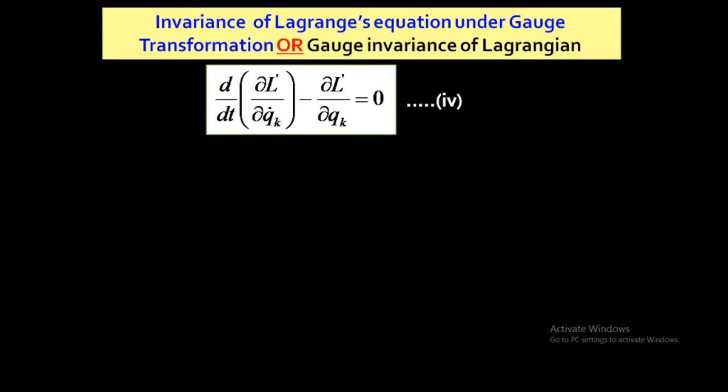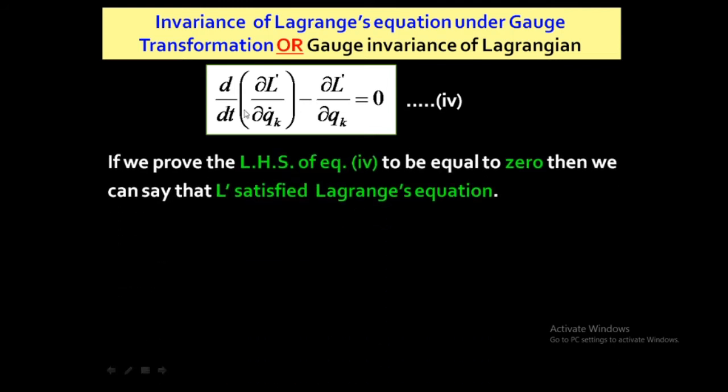So we have to prove whether the left hand side is 0 or not. If we prove the LHS of equation number 4 equals 0, then we can say that L dash satisfied the Lagrange's equation.